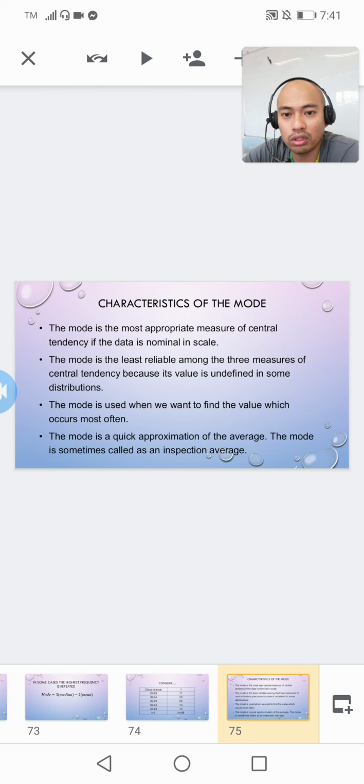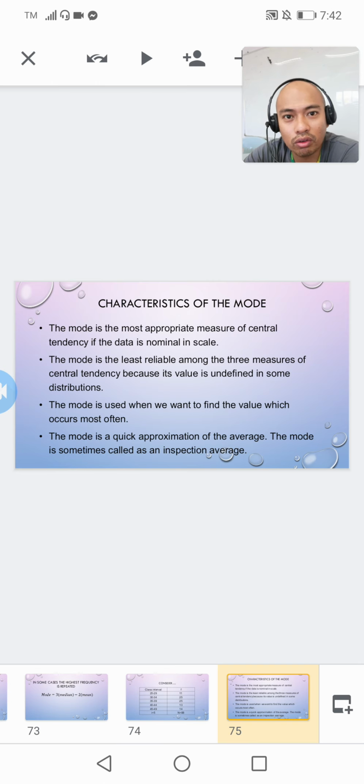Okay? The mode is a quick approximation of the average. Kasi ako, when the assistant also asked me to at least compute the general average of the new applicants or freshman applicants, ang ginagawa ko, I'm not computing the grades through the mean or through the median. Ang ginagawa ko, tinitignan ko, I'm just inspecting the grades or this set of grades of that particular student.